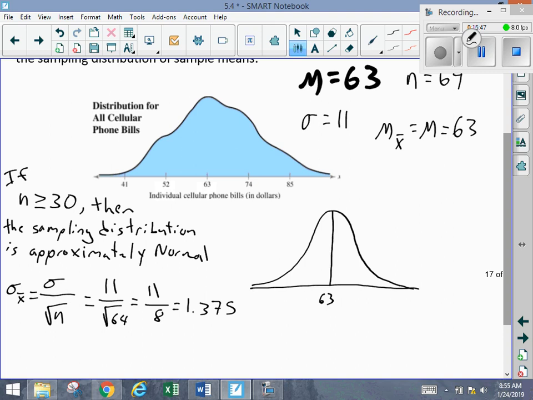One standard deviation above the mean is 64.375, and one standard deviation below the mean is 63 minus 1.375, which is 61.625. We've got two and three standard deviations below and above too, but this gives us a nice picture of the sampling distribution.